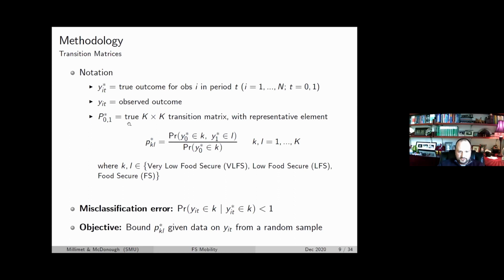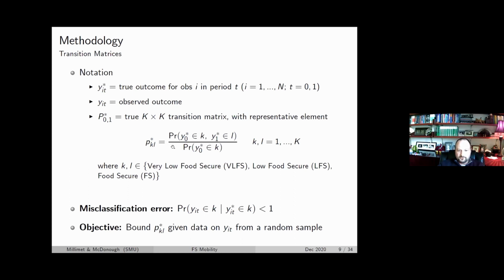And we're interested in our transition matrix. It's going to be a 3x3 transition matrix where the 3 states are very low food secure, and then I'm going to pool together the marginal food secure and the food secure together, mainly because my code right now is only equipped to handle 3x3 transition matrices.